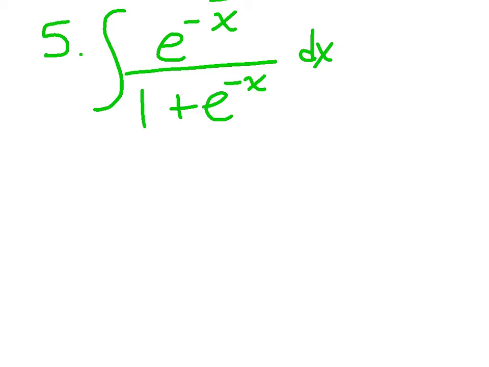Hopefully you're saying no. So again, when you have a fraction, I would start by picking the entire denominator. So I'm going to use my u as 1 plus e to the negative x. Carefully take your derivative.